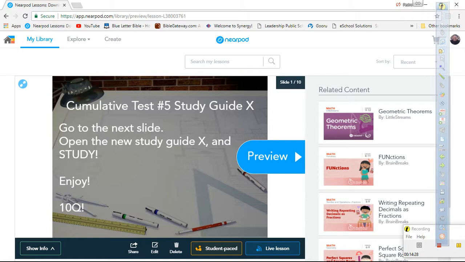The first screen is going to say Cumulative Test number 5, Study Guide X. Go to the next slide, open the new Study Guide X, and study. I should have put another one with a happy face so it could be, and study. Right, Calvin? Enjoy. See, that sounds nice. Thank you.